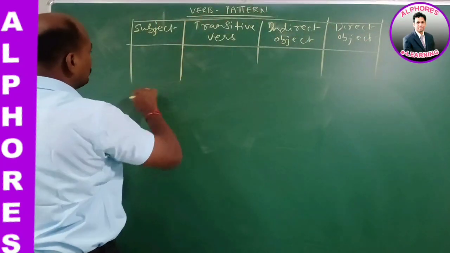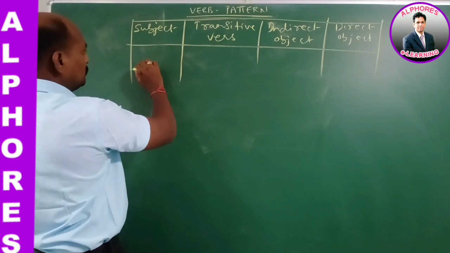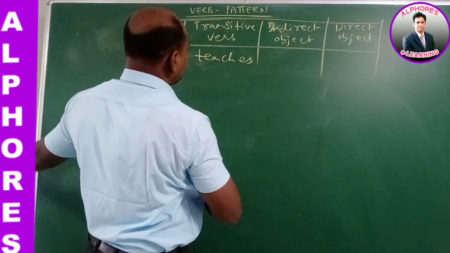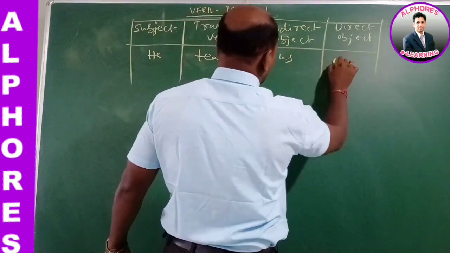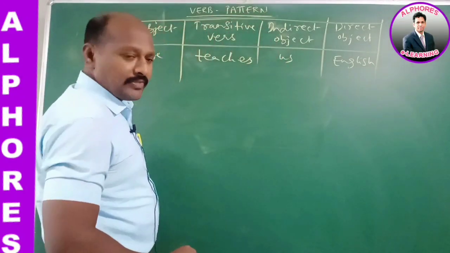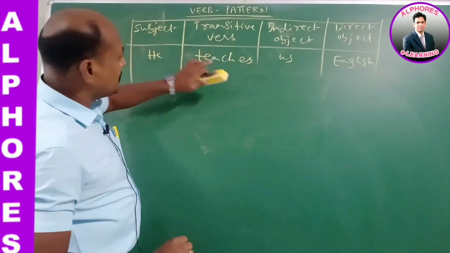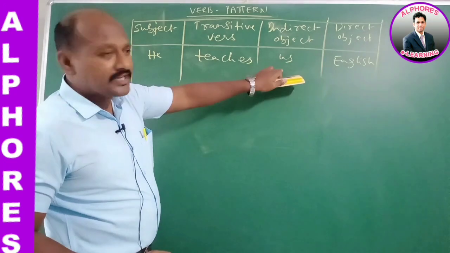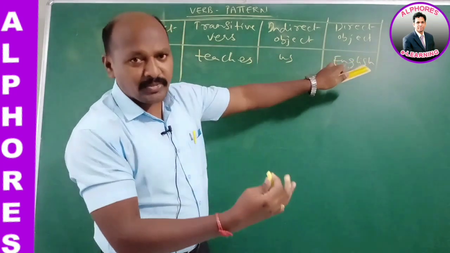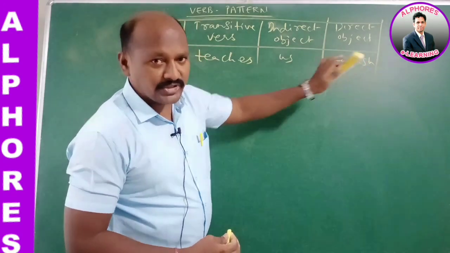See here, he teaches us English. Here, he is the subject, teaches is the verb, us is a person, that's why it is called the indirect object, and English, other than a person, is called the direct object.